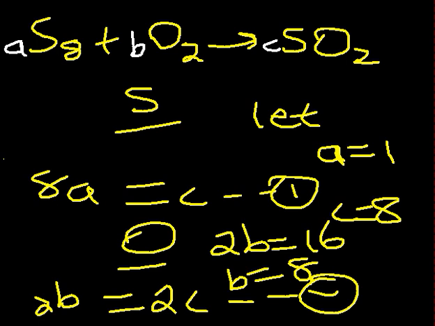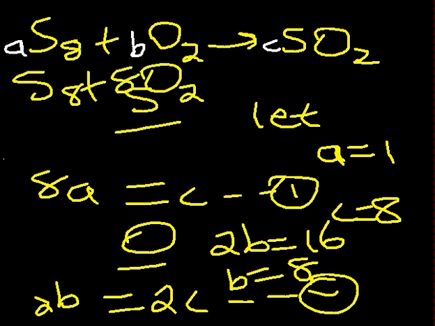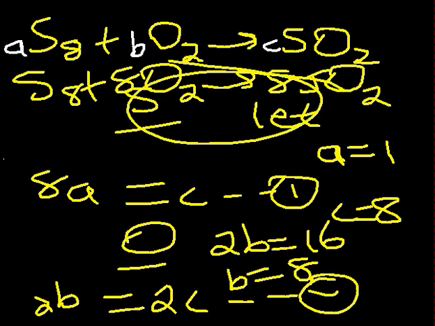And what is B? We have it as 8 or 2. And what is C? We have C being given as 8. Now you can see that the equation is really balanced, as you can see it here. So check it out.